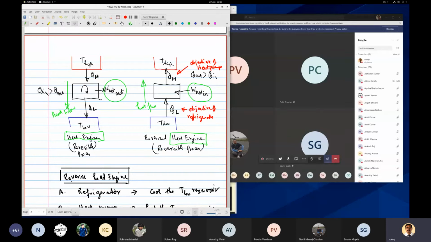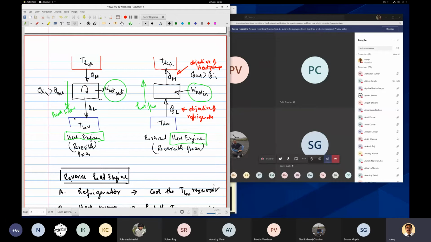So everything is reversed. Q net out will go out; now you'll have Q net in, and W net in, right? Net work in. Instead of work producing, it is work consuming, and heat will be taken from the lower temperature body and thrown to the higher temperature reservoir.